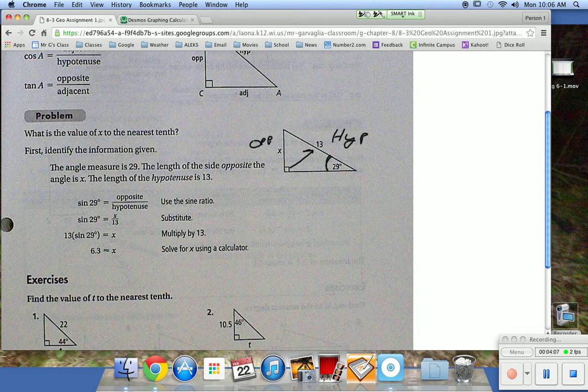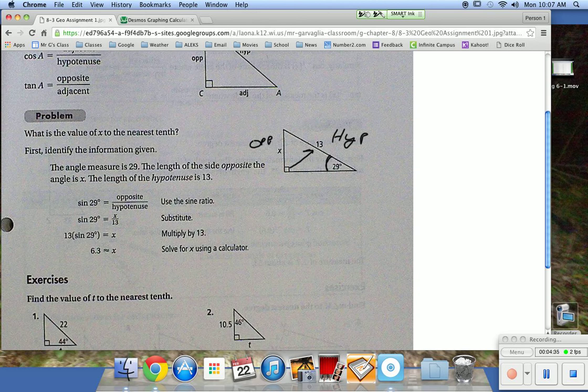The hypotenuse on a right triangle is always your longest side. So we know that we're working with an opposite and hypotenuse. Which function works with opposite and hypotenuse? Everybody agree with that? Look up here. Opposite, hypotenuse, sine. So I see opposite and hypotenuse, and I know that's what I'm going to use.